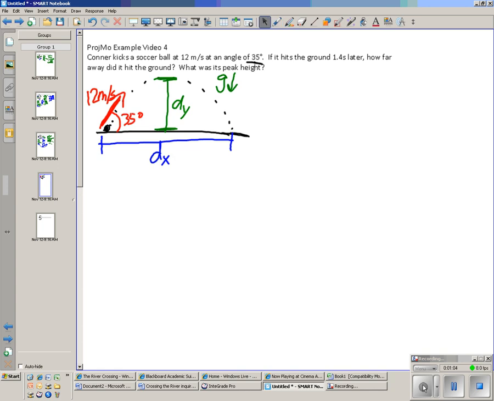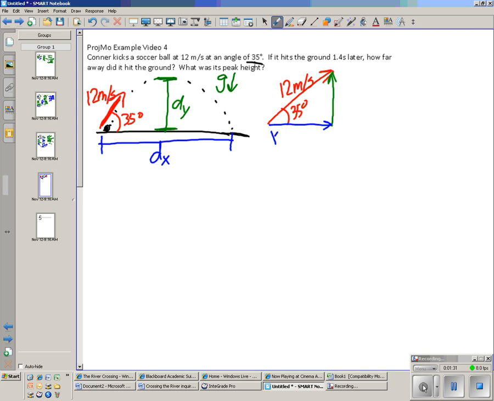Now, before we start listing out our variables and plugging in, we need to be thinking, because as we can see, this is actually launched at an angle, 12 meters per second at 35 degrees. So it's not completely on the x-axis or completely on the y-axis. So what I need to do is break it up into my x and y components using my trig functions.